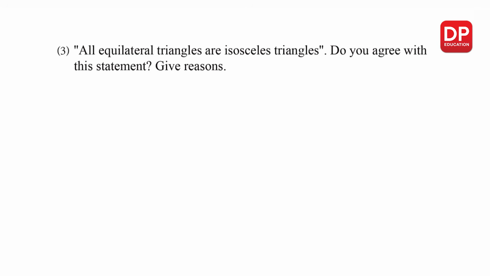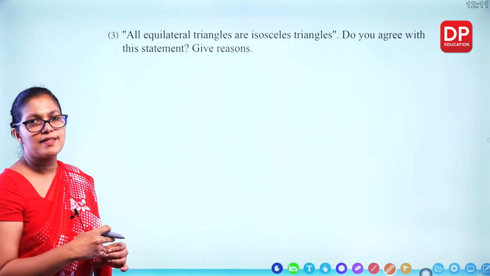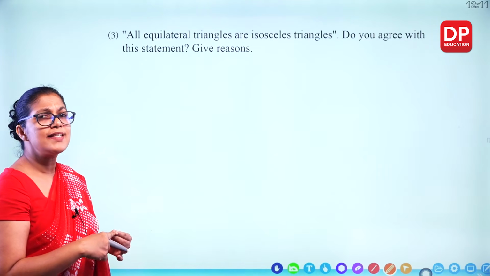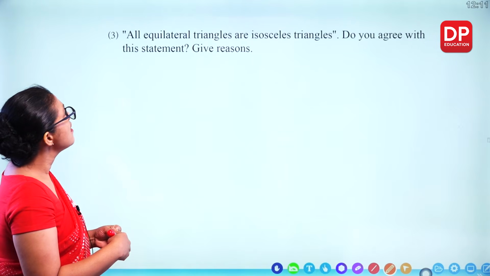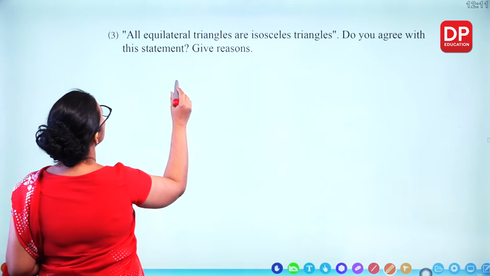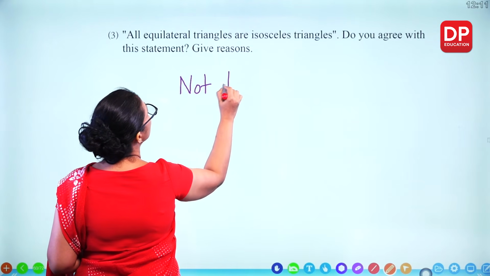All equilateral triangles are isosceles triangles. Do you agree with this statement? Give reasons. Equilateral means all sides are equal, not isosceles. So this is false. So not true.